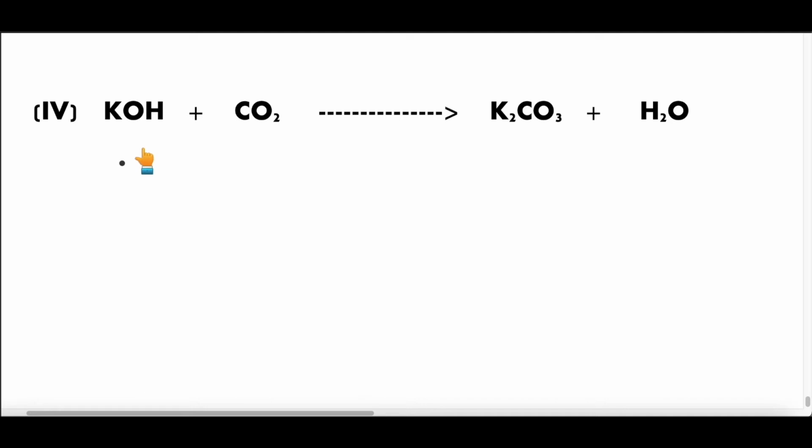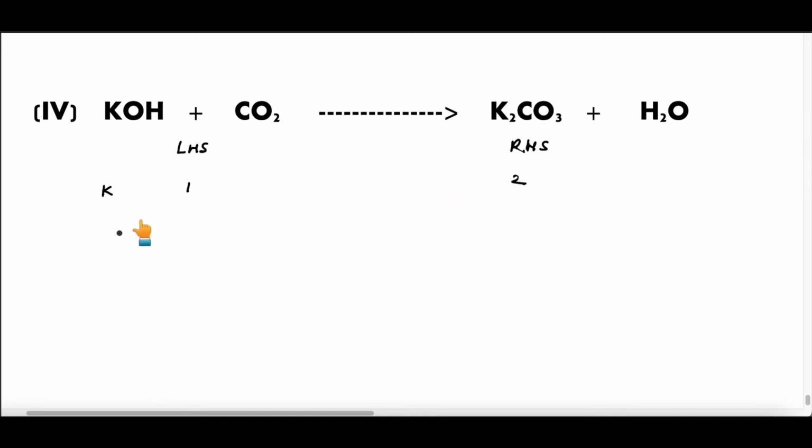Let us see how. So on observing this chemical equation, the elements present on the left hand side and those present on the right hand side of this arrow when listed down is, we have potassium, 1 atom on the reactant side and 2 atoms on the product side.